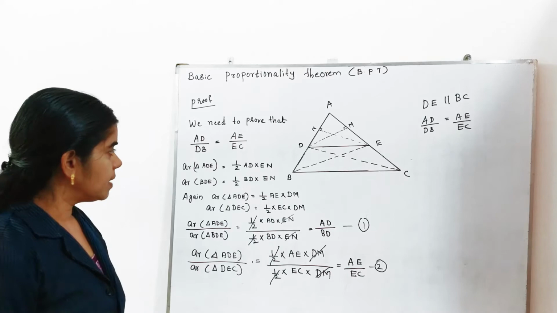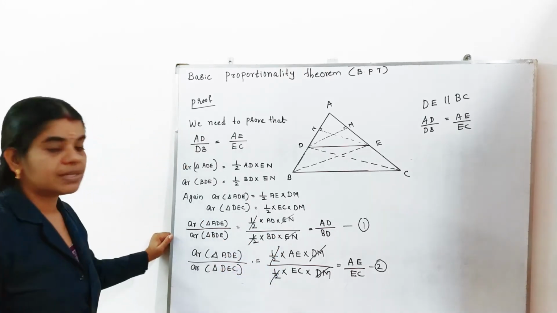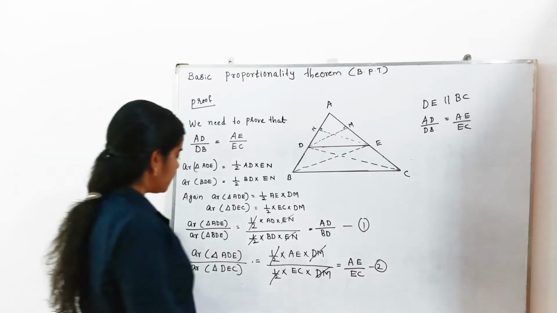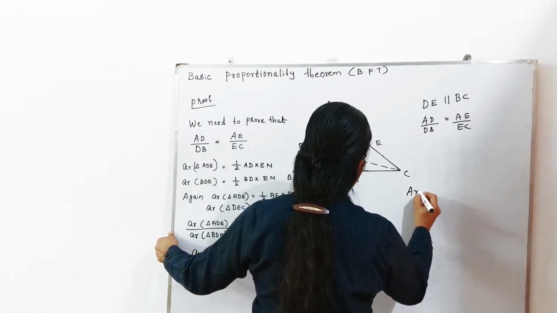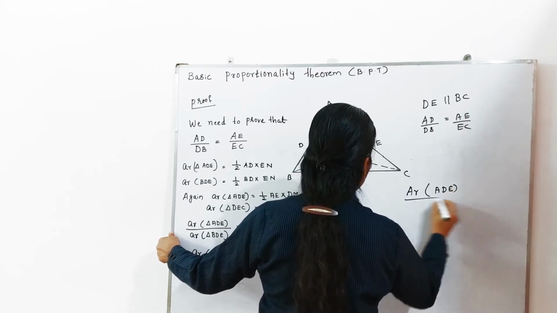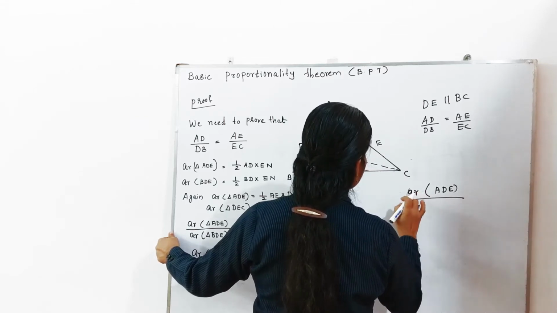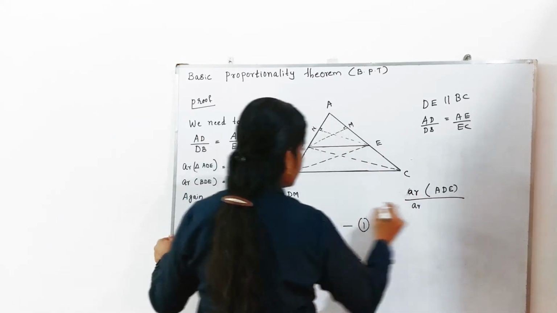The next step. You just think about the left side of equation number 1 and 2. In the left side we have written area of the triangle ADE by area of the triangle BDE.